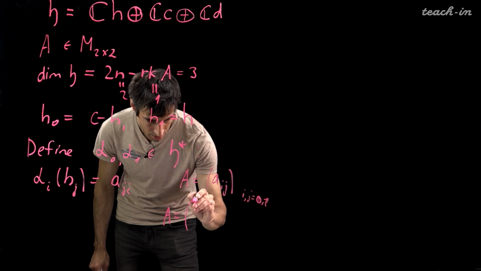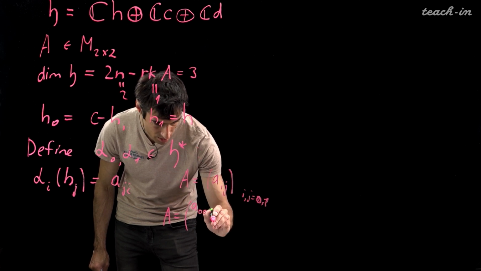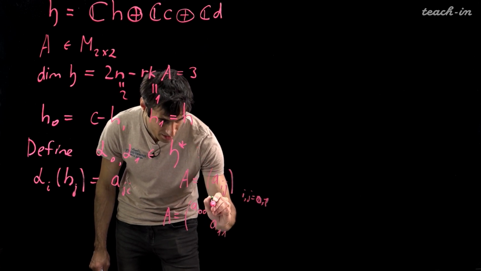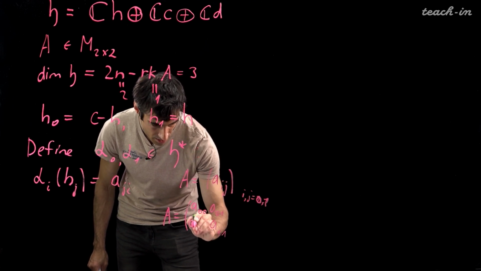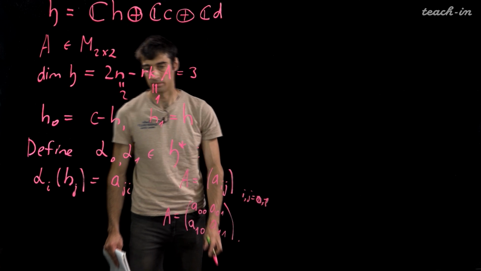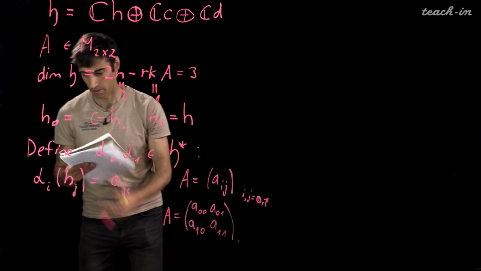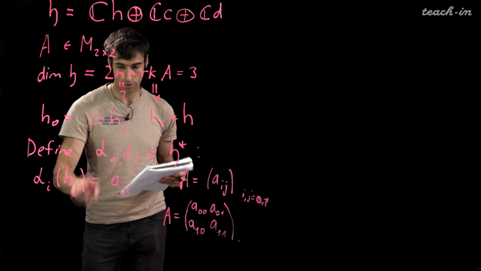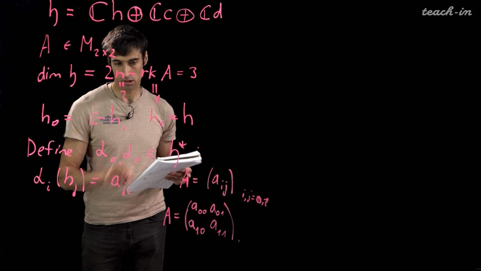So I have a_{0,0}, a_{1,1}, a_{0,1}, a_{1,0}, like this. Okay, but this does not fix me the elements alpha 0, alpha 1.